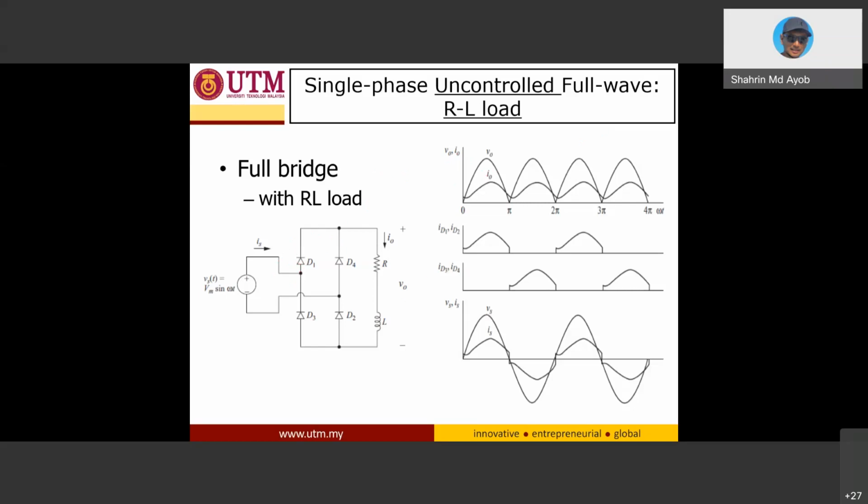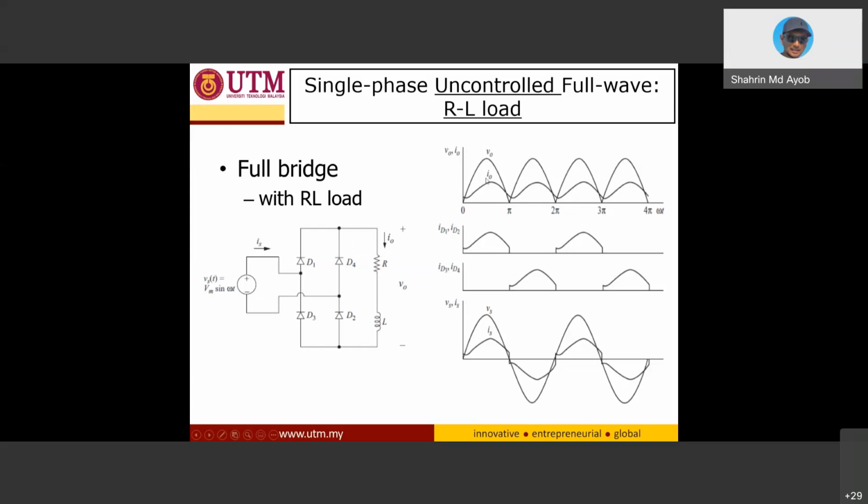Let's go on with the full bridge, where the load right now is an RL load, or inductive load. The output shown here is the voltage, which is a full rectification, and the current is non-linear as usual because we have an inductive load.